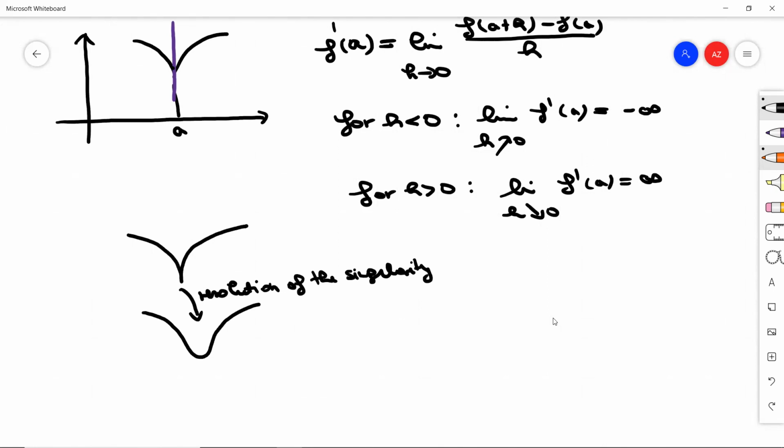We could do this transition smoothly, but this is not possible because in this point the slope is infinite, and if you do this resolution of the singularity, there would be no point where the slope would be infinite, and here again infinite. So it's not possible to do this.